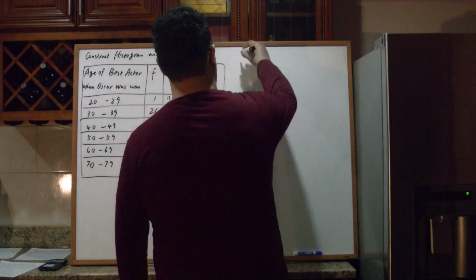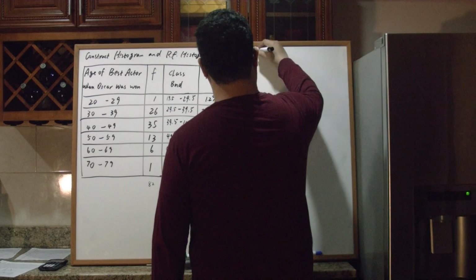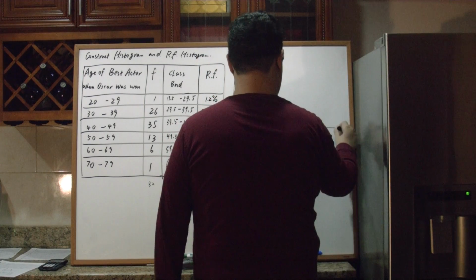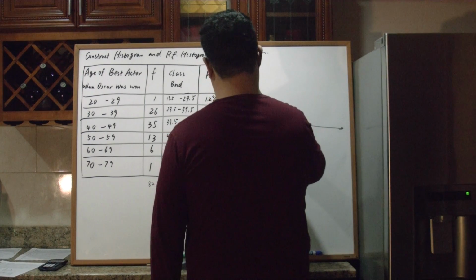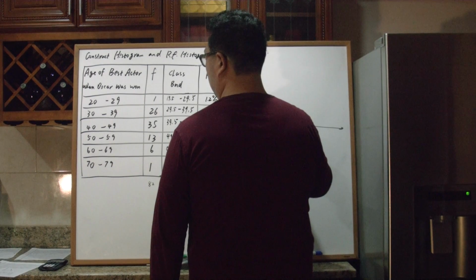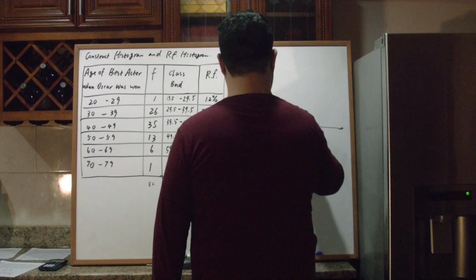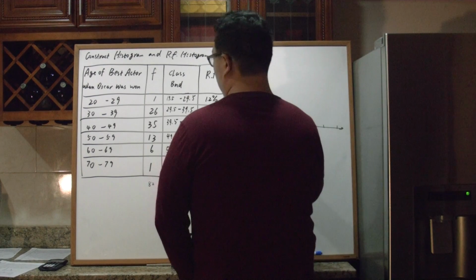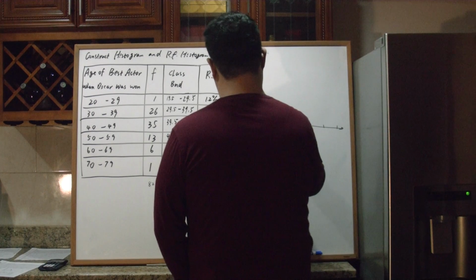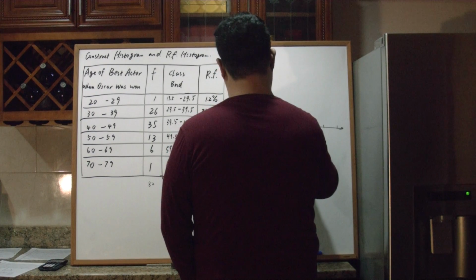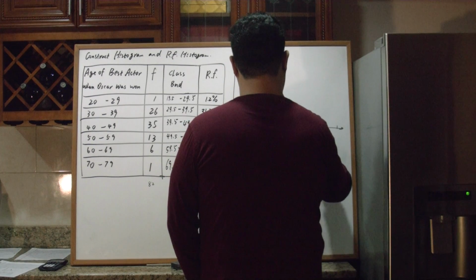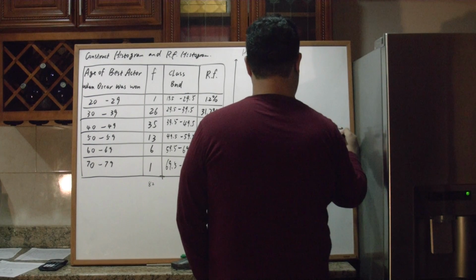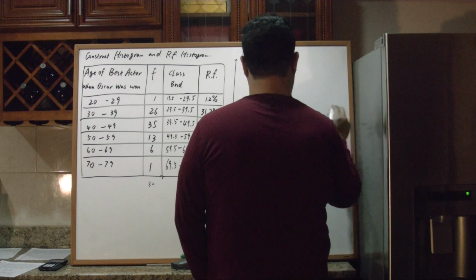Therefore, for the histogram, I get the boundaries 19.5, 29.5, 39.5, 49.5, 59.5, 69.5, and 79.5 as the horizontal axis.